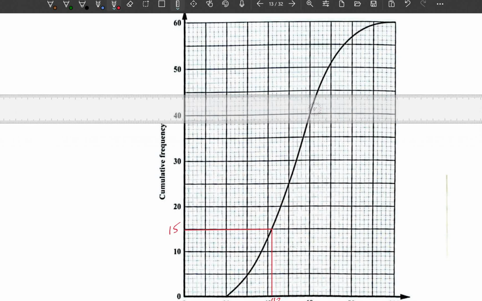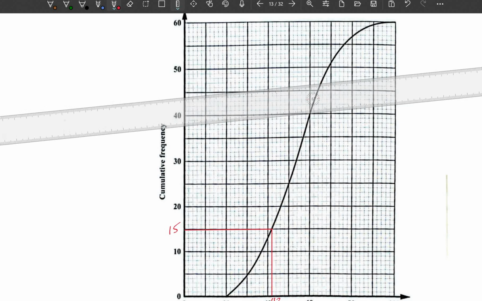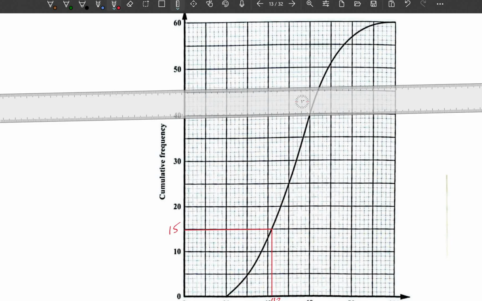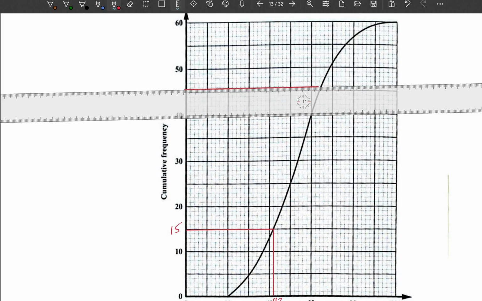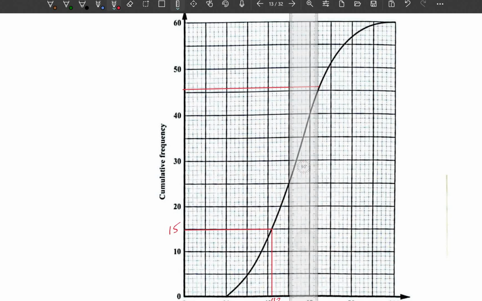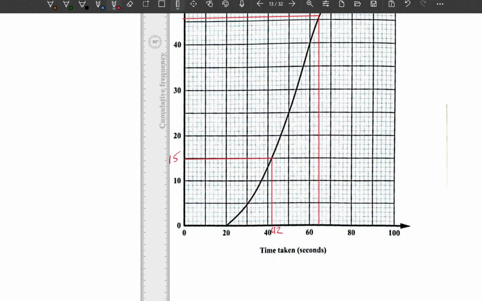So that's 40, here's 45, 46 would be, this graph is a little bit bent. Let's see if we could get this as accurately as we could. Right, so this is 60, in the middle here will be 70.